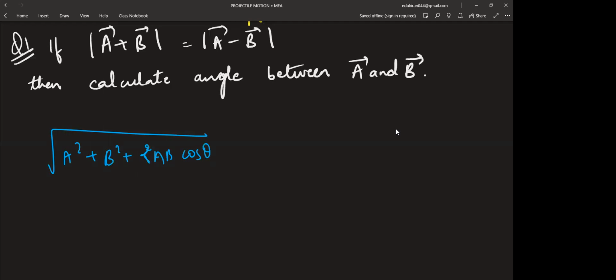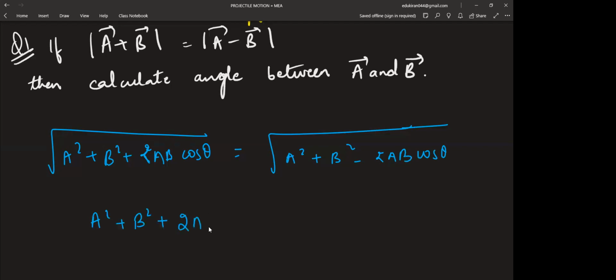This is equal to under root A square plus B square minus 2AB cos theta. So see, the square roots will be cancelled. So this is A square plus B square plus 2AB cos theta equal to A square plus B square minus 2AB cos theta.